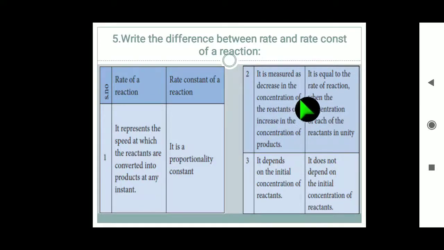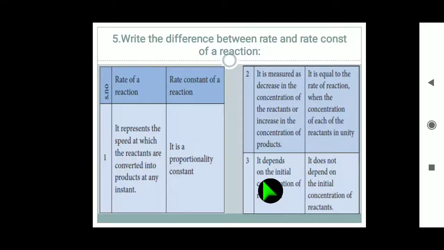But the rate constant is equal to the rate of reaction when the concentration of each of the reactants is unity. What is the meaning? The rate divided by the reactant concentration gives K, and the value will be unity.